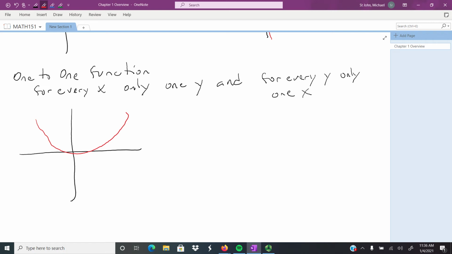If I take a line going like this, it only cuts the graph in one spot every time. So it's a function. Now, in order for it to also be 1 to 1, it also has to pass the line test going this way. So it has to pass the vertical and horizontal line tests in order to be 1 to 1.